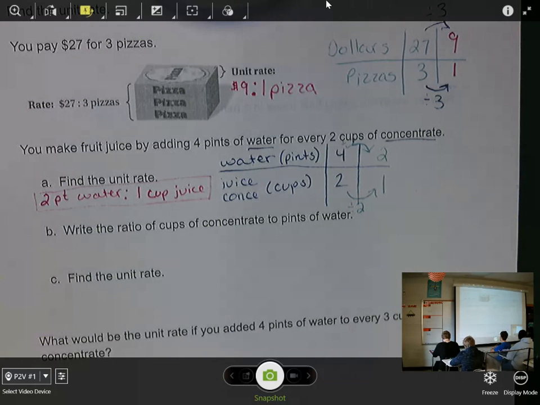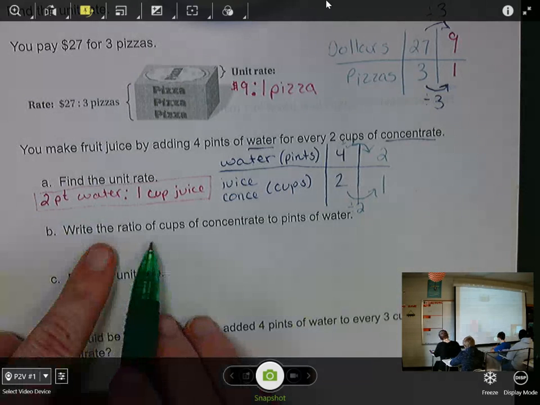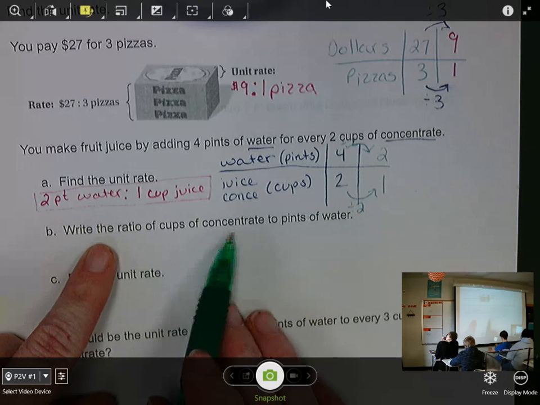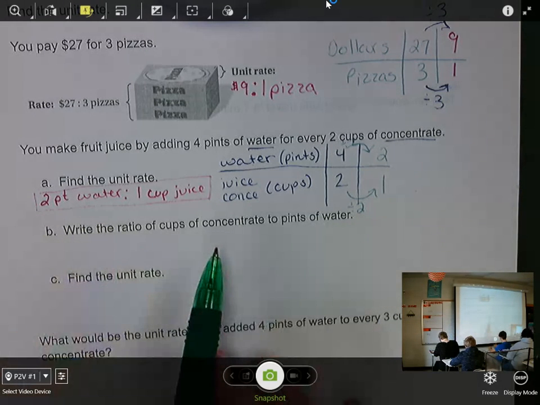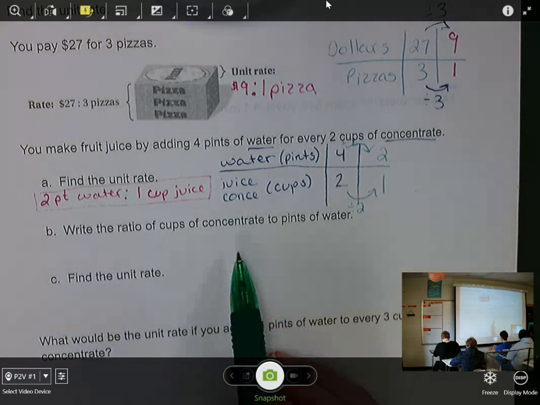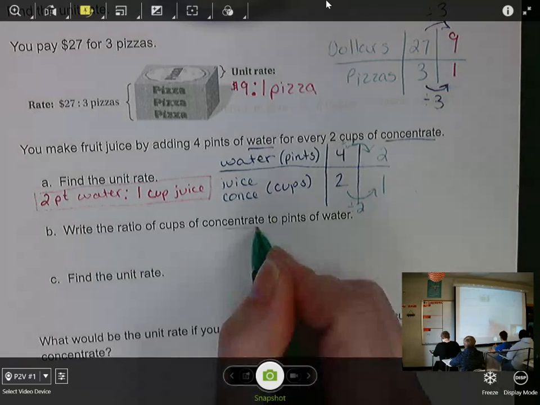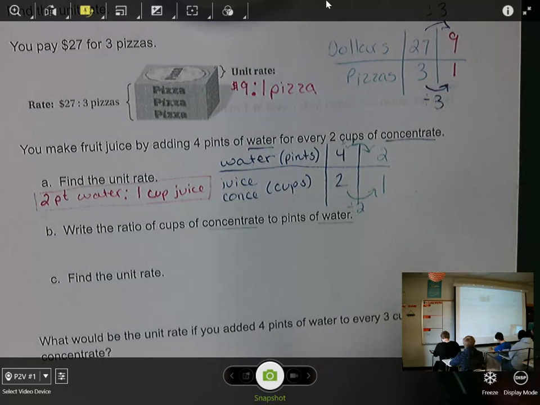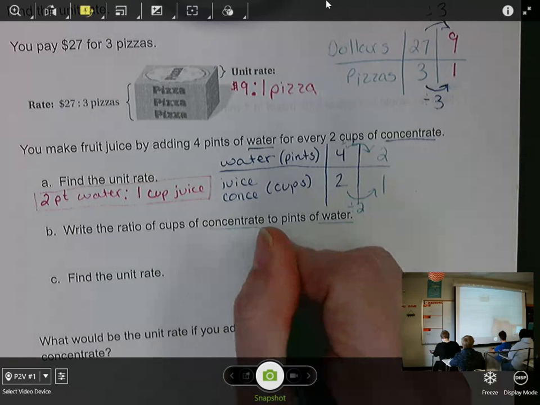Part B says, write the ratio of cups of concentrate to pints of water. So this time, instead of putting water on top, they want us to put juice on top. They want us to do concentrate to water. So that tells us to put concentrate on top. So juice concentrate would go on top.